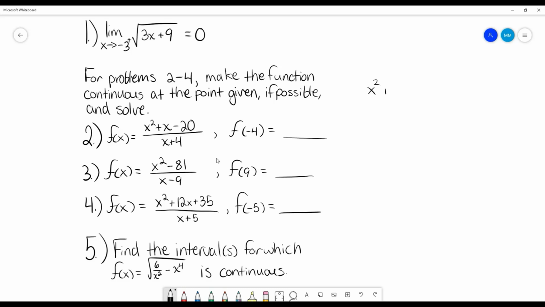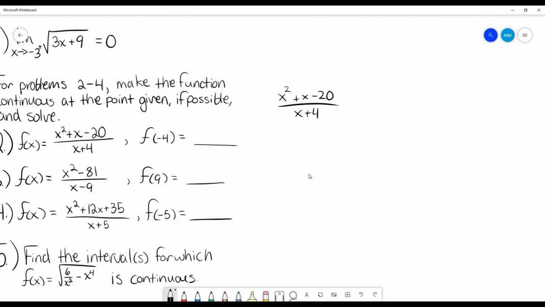Let's see if we've got x squared plus x minus 20 over x plus 4. Well, if I factor out that top bit, that's going to give us, let's see, an x minus 4, I believe, and an x plus 5 over x plus 4, which means that we cannot factor out that x plus 4 like we want to, so we are not able to make this function continuous.